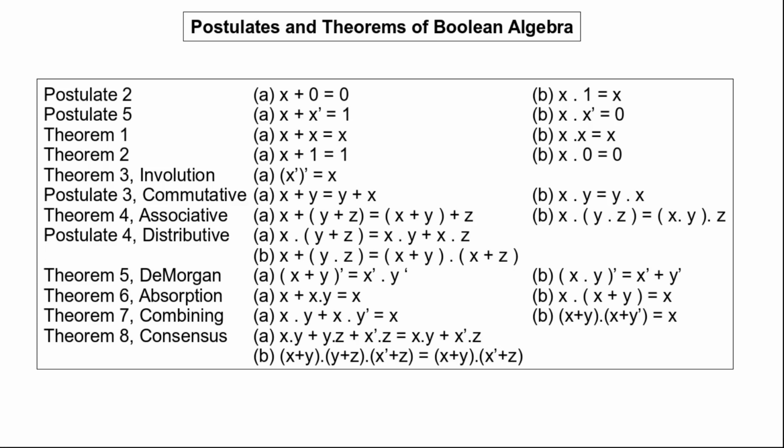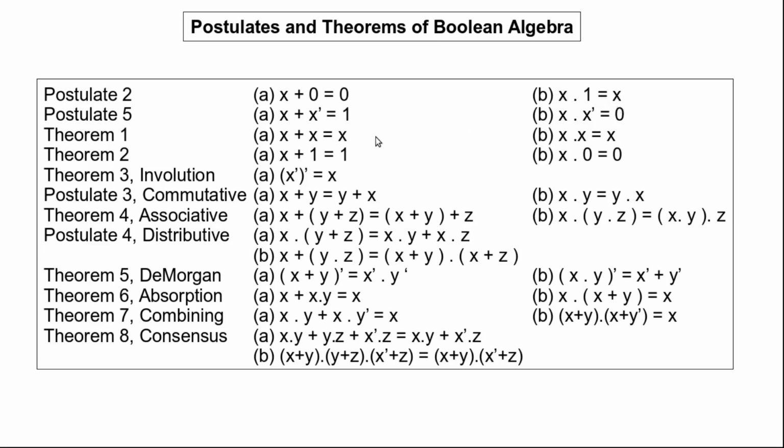So from the definition of Boolean algebra we get the postulates. For example, postulate 2 says that x plus 0 should be equal to x and x dot 1 should be equal to x.